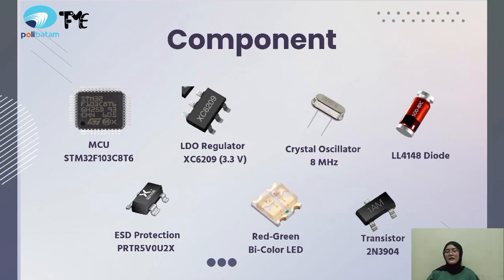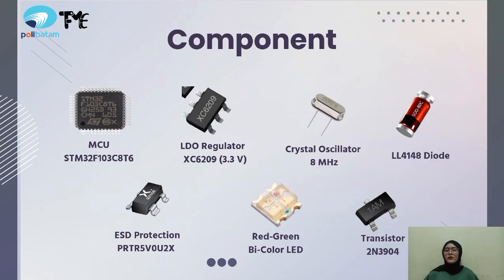Next is the LL4148 diode. It protects the circuit and ensures current flows in the correct direction. Next is the PRTR5V0U2X ESD protection device. It protects the USB communication lines from electrostatic discharge. Next is the red-green bicolor LED. It indicates the operating status of the board.